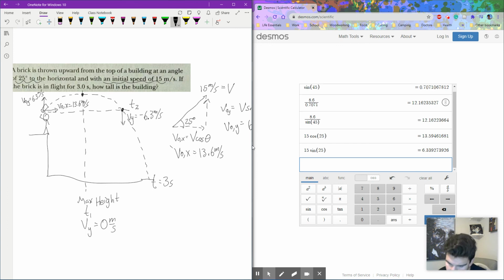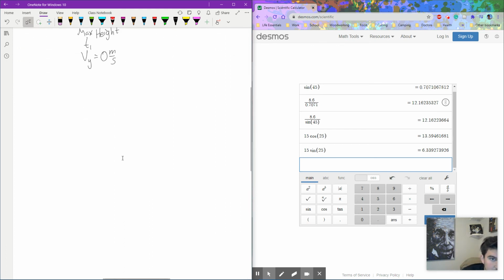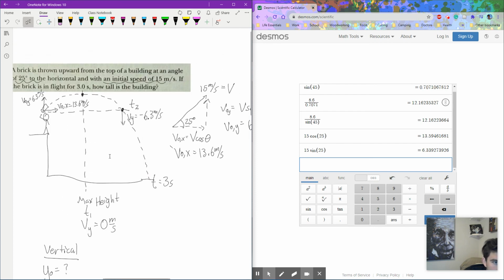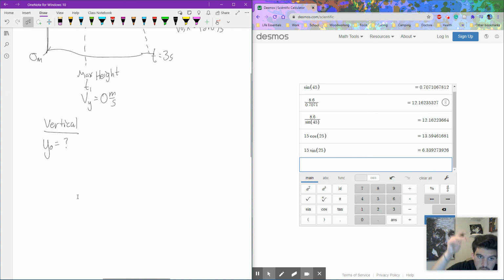So with that in mind, let's go ahead and start to list out our variables, at least to start with. In our vertical direction, we start with an initial position of, we don't know. We're going to say that y0 is right here, and we're still going to call the ground 0 meters. That's our initial vertical position, and that's our ultimate goal for this problem.